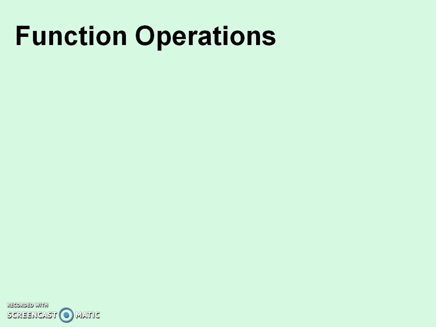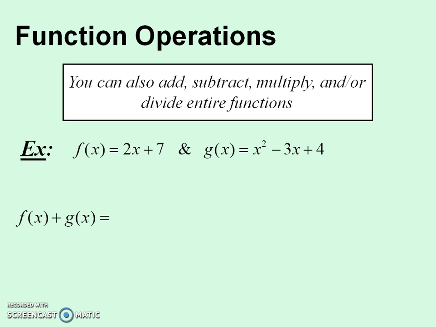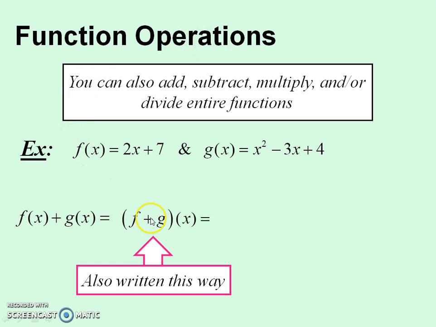Function operations are simply performing operations, that's addition, subtraction, multiplication, and or division on entire functions. So let's say I had these two functions. I can do this. This is actually the notation that we use. And f plus g of x is a new function of x, which can be found by taking the values of the two individual functions and adding them.